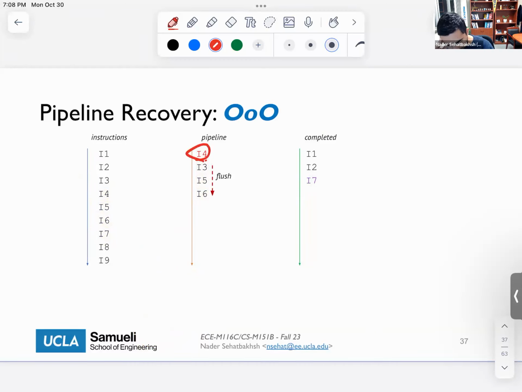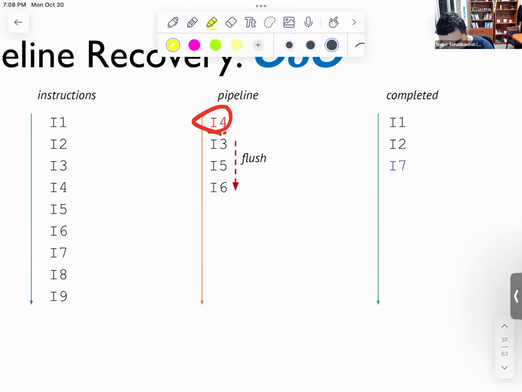As you can see, we're going to have I3, I5, and I6 in the pipeline. Out of this, I6 and I5 should be flushed. I3 actually shouldn't be flushed because I3 is before I4, but let's say we decide to flush I3 as well. This is a performance issue, but it's not a big deal.